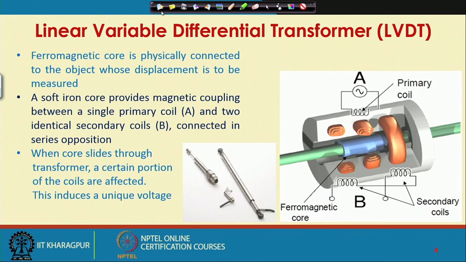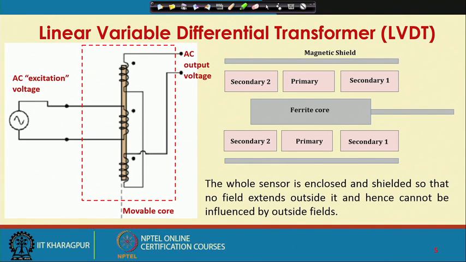This will be more clear if we take a look at another figure. You have the primary coil and two secondary coils connected in series opposition.